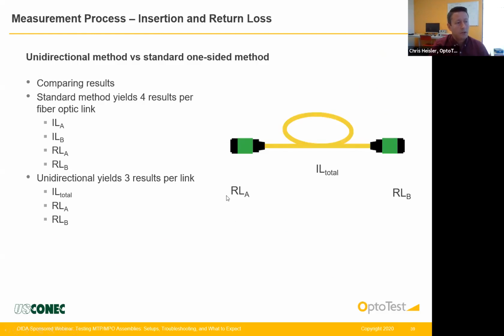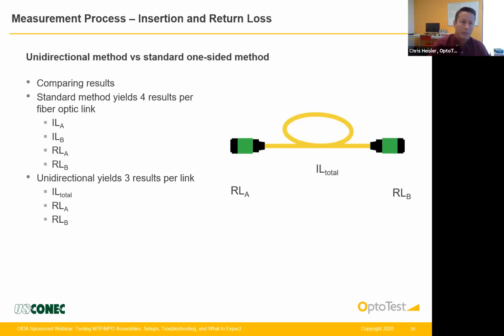As the insertion loss goes through side A, you're going to lose a little bit of light, and that will affect the measurement for RLB. It'll make RLB look a little bit better. So if insertion loss on side A is 0.25 dB, the return loss on side B will look better by about 0.5 dB because it's twice the insertion loss of the connector that it went through.